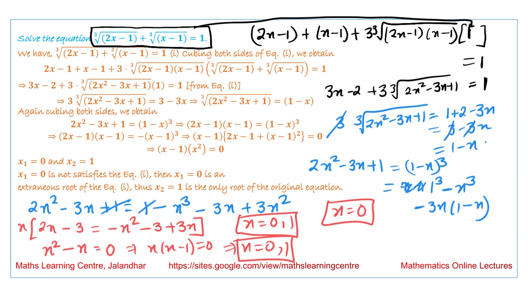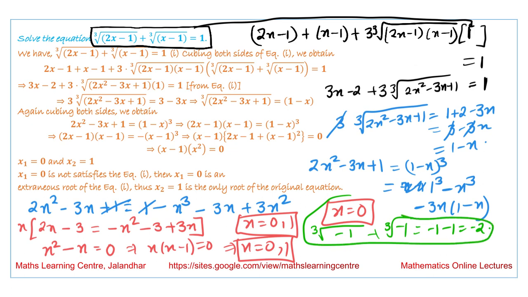Now if we substitute these values in the given equation, if we substitute x is equal to 0, the expression will become cube root of minus 1 plus cube root of minus 1. The answer we have over here is minus 1 minus 1, that is equal to minus 2. So x is equal to 0 does not satisfy the given equation.